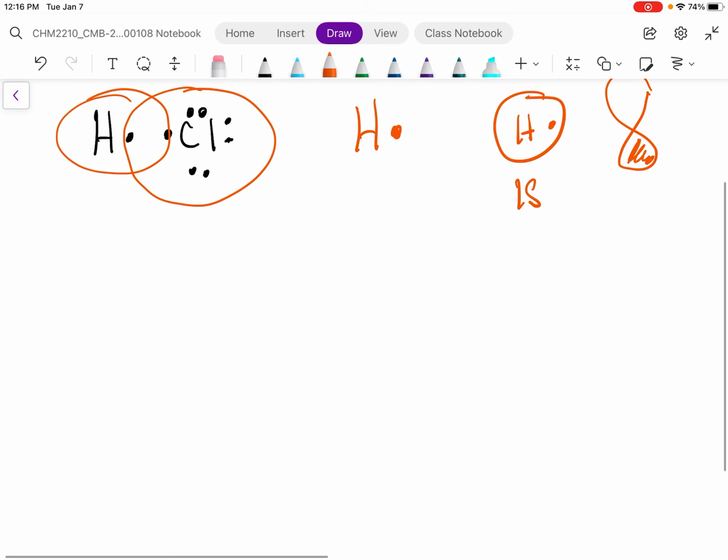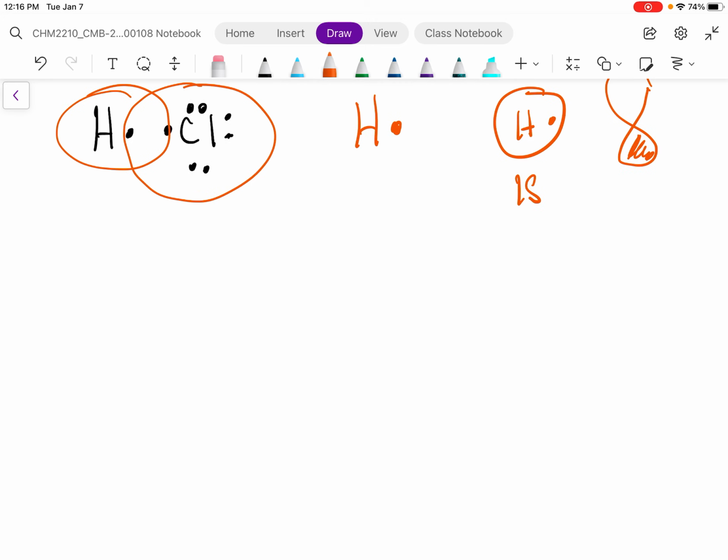So if we take a look at, I forgot my model. So I want to take a look at a molecule called methane. Darn it.